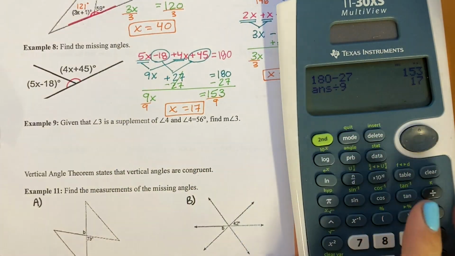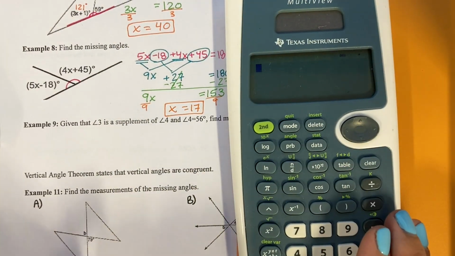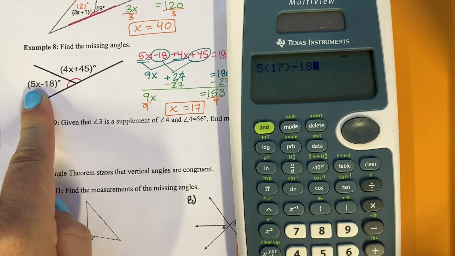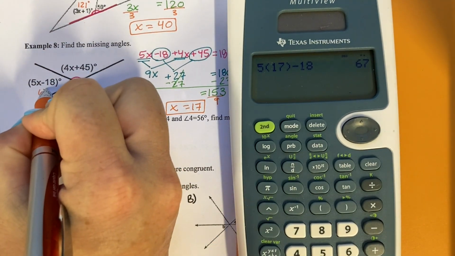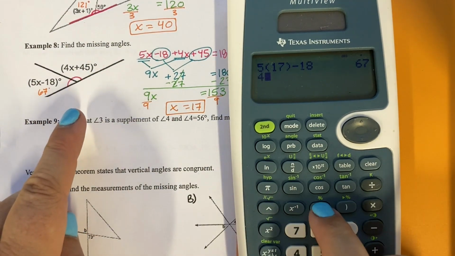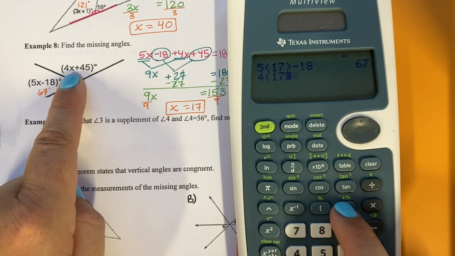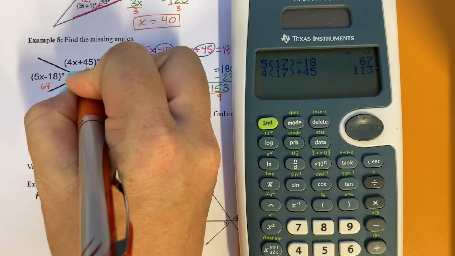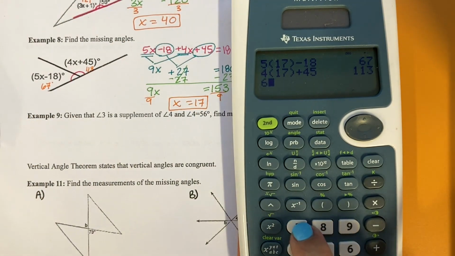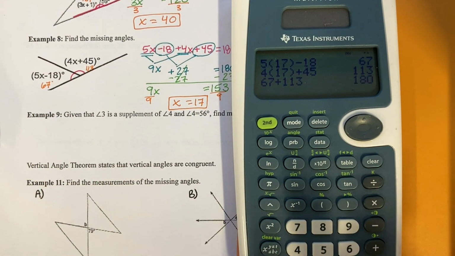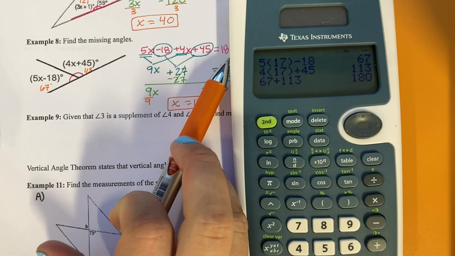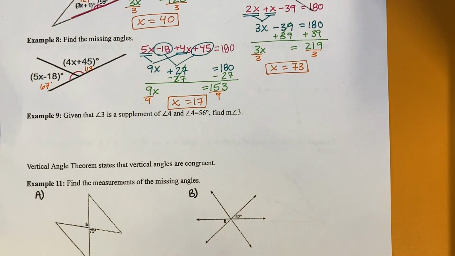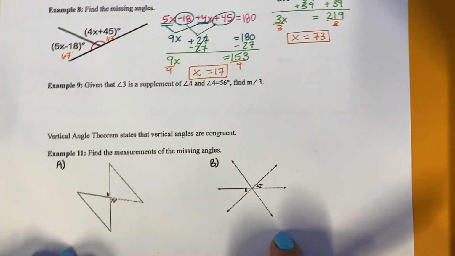And if I plug it in to check work, 5 times 17 minus 18 is 67. 4 times 17 plus 45 is 113. 67 plus 113 is 180. So there were no errors within our algebra.